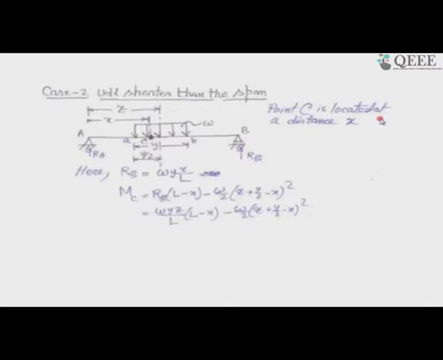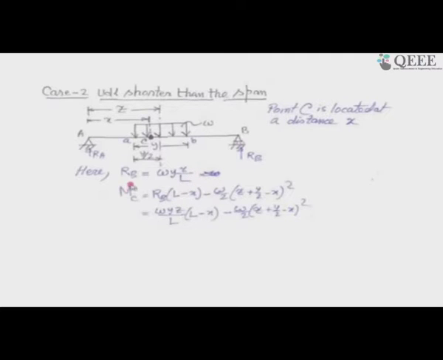So the occupancy of that uniformly distributed load, where it is placed, matters a lot for the computation of the effect of the bending moment at C. If the load is on the left, there will obviously be bending moment here, and if it is on the right, there is bending moment too, but not in the same way, because the reactions will vary, and depending upon the position, the distance will also contribute differently to the net bending moment.